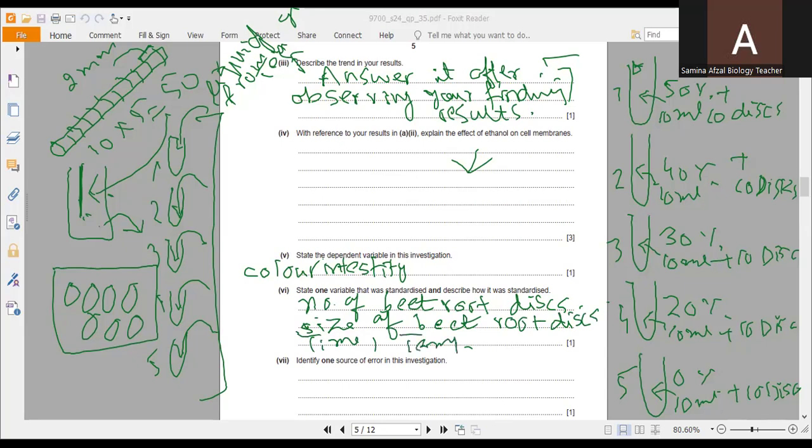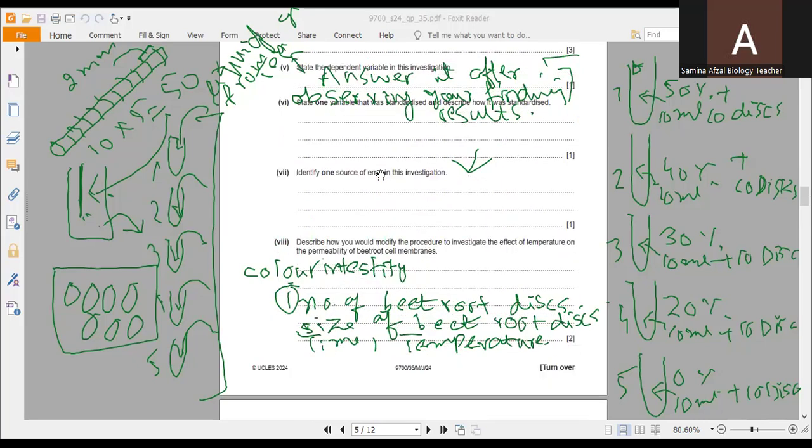These are the different variables, but we have to write only one. So preferably you can write this one. You can write others as well. They will be accepted.